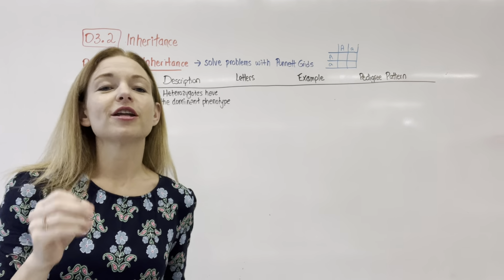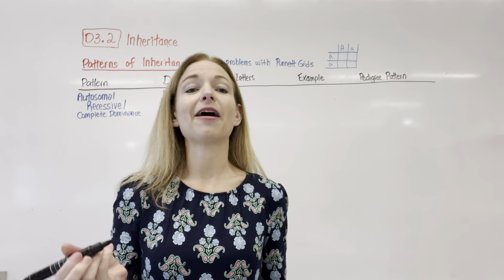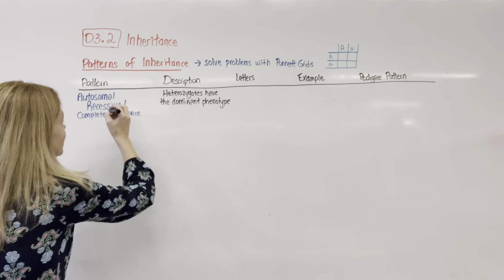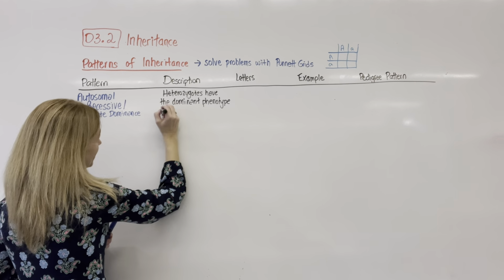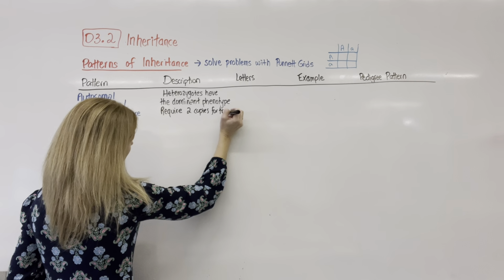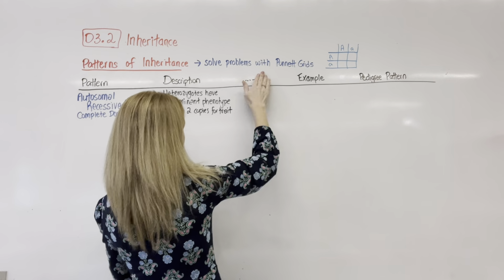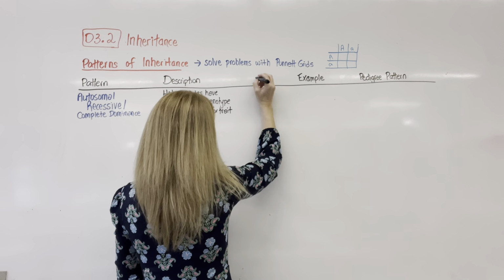What makes it an autosomal recessive trait is that you need 2 copies to have the trait. So in this case, you would require 2 copies to have the trait, disorder, whatever it is. Okay, so it requires the 2 copies. We're going to move this over a little bit because this can be a small one.